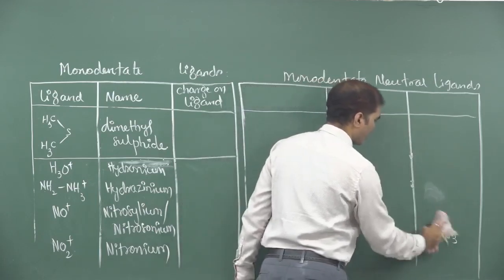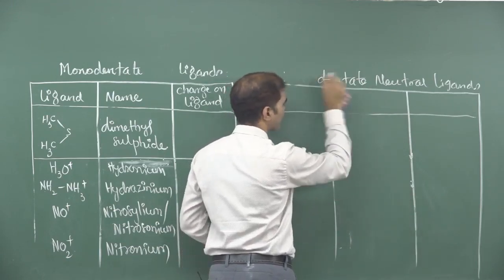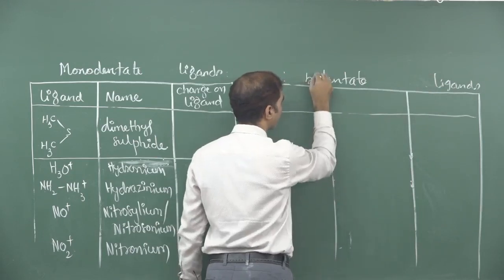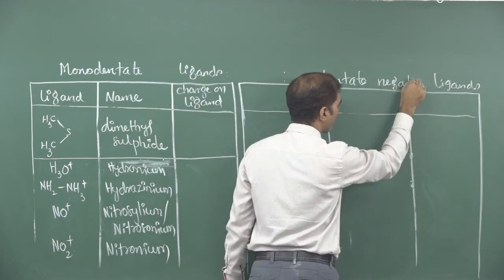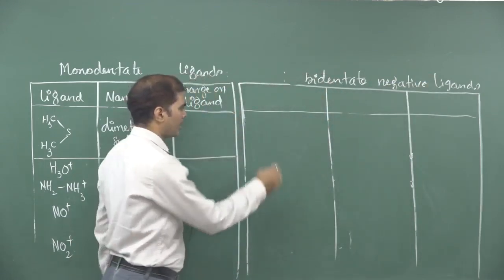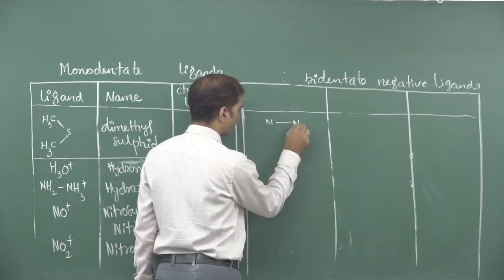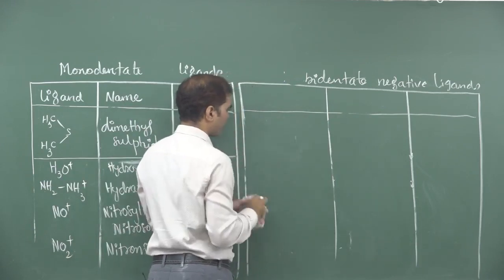Next, let us take some bidentate negative ligands. And I draw it like this.